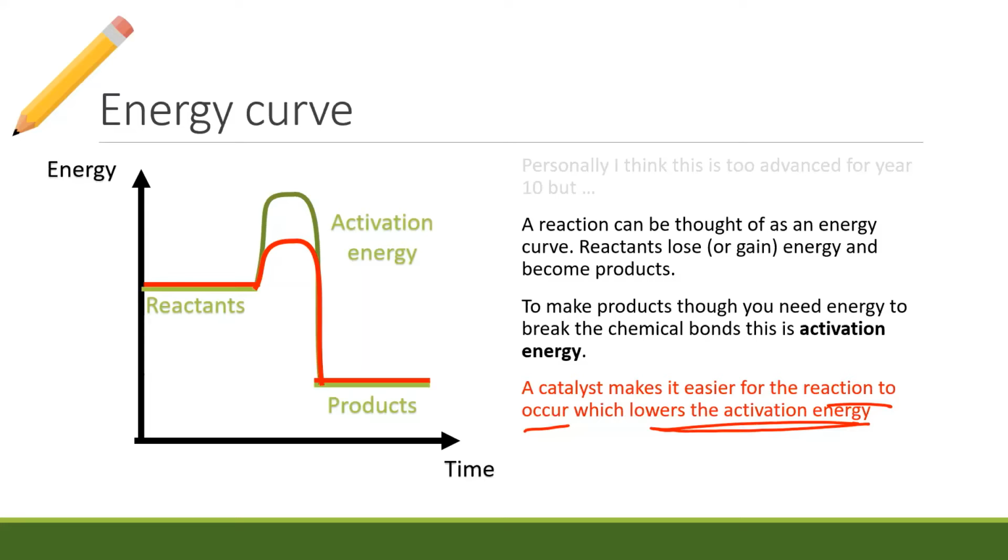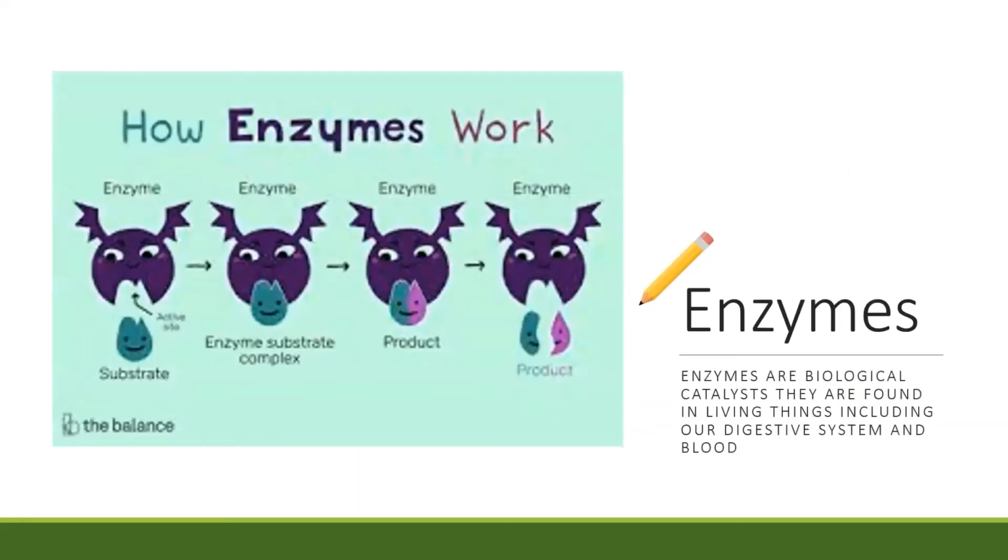So it makes the activation energy very, very small. You don't need a lot of energy to get a reaction started. And that means every time a reaction happens, it's more likely to go forwards because you've pretty much set it up so it's going to work.